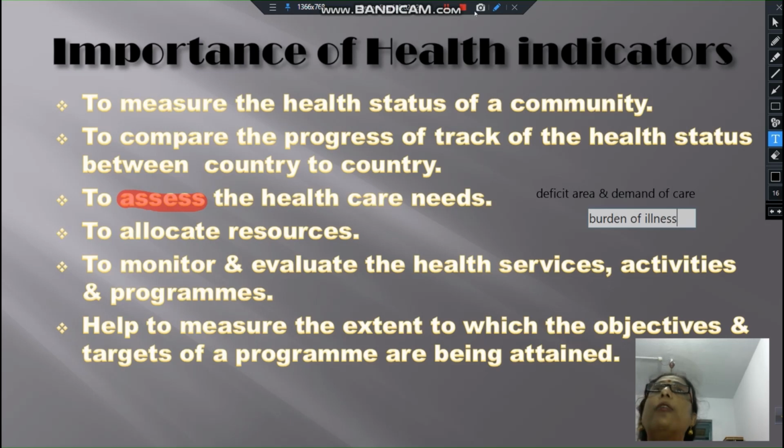And next, to allocate the resource. Resource allocation means the distribution of resources, usually financial funds, it may be human resources, various types of facilities, knowledge, updated materials, and these resources should be used to treat disease, relieve pain and suffering, and promote public health.